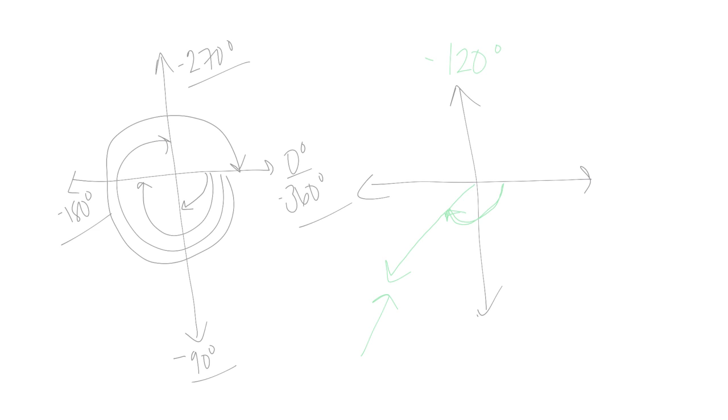Now I'm going to go over coterminal angles, which is another thing that you need to know. Coterminal angles are angles that land in the same spot. So I'll give you the definition first, and then I'll tell you two angles that are coterminal. So coterminal angles.